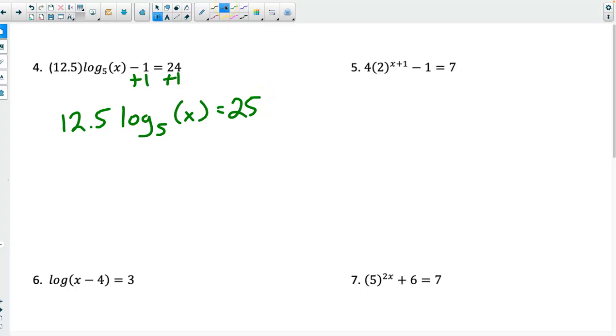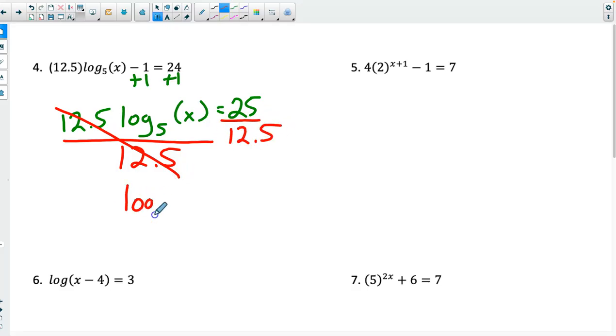The goal here, again, is to get your log by itself. Next thing that I do, I'm going to divide this by 12.5. That cancels. And I divide by 12.5, and I get log 5 argument x is equal to 2.